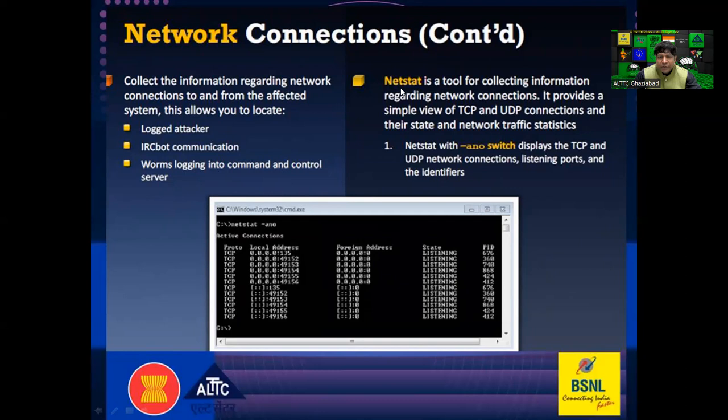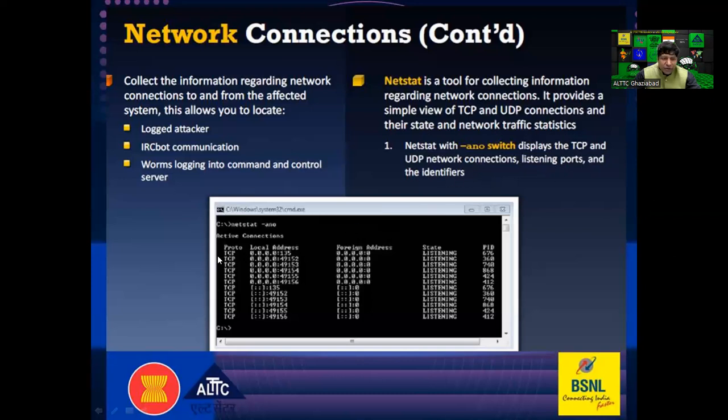In the same manner, netstat is a tool for collecting information regarding network connections. It provides a simple view of TCP and UDP connections and their state and network traffic statistics. Netstat with the -ano switch displays the TCP and UDP network connections, listening ports, and process identification.